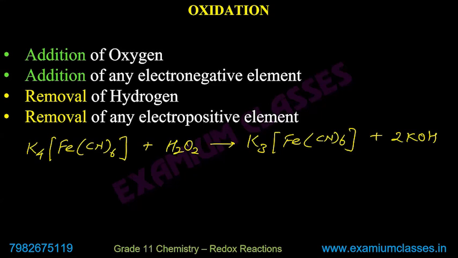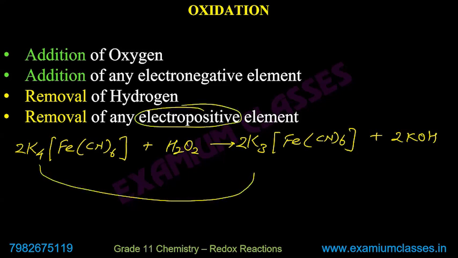So this compound had four potassiums, and potassium is electropositive element. One was removed, only three now, from K4 to K3.